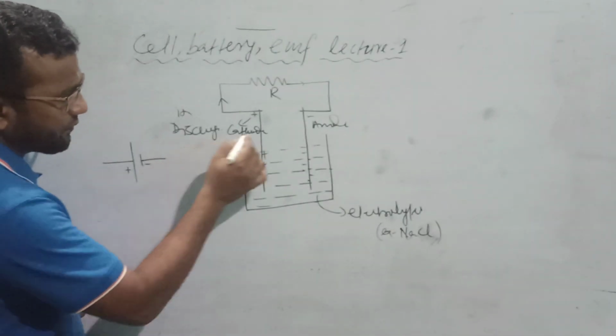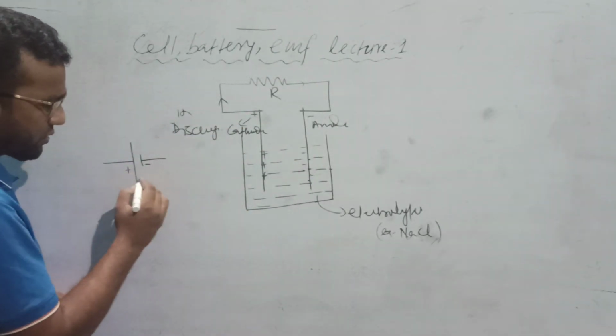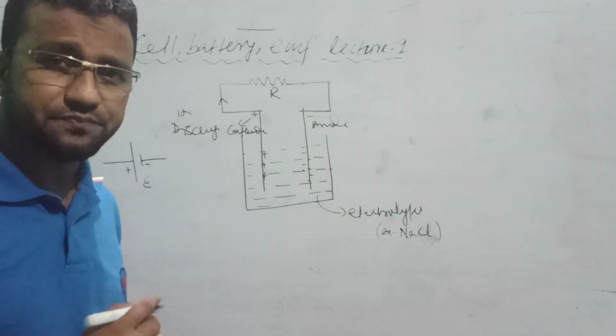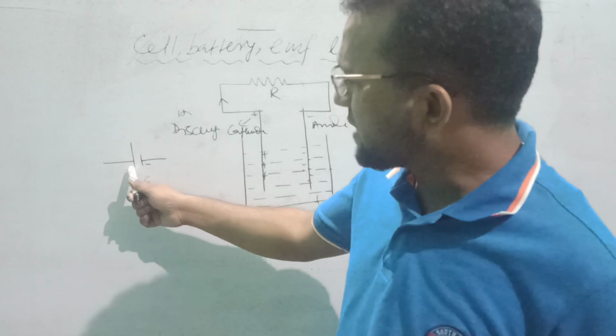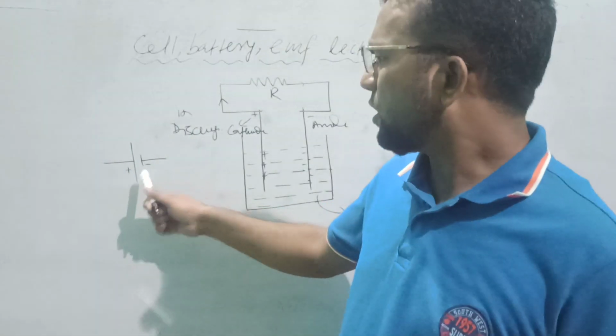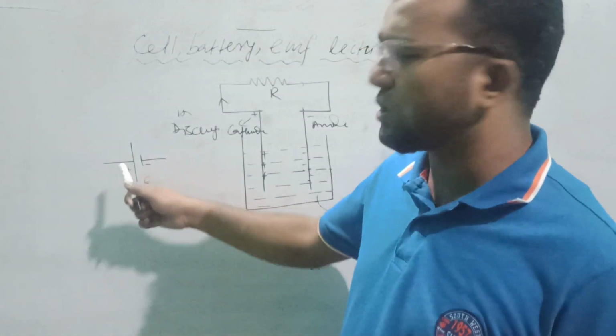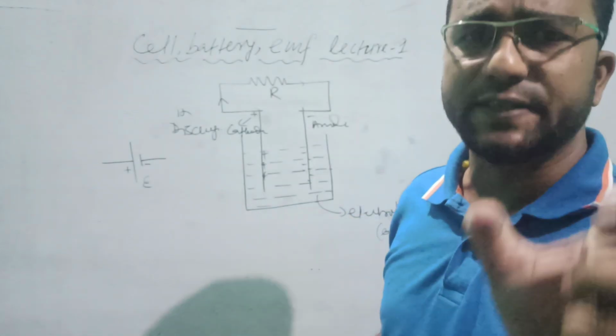Now the potential difference of these electrodes is known as EMF. What is EMF? EMF is the potential difference between the two electrodes or two terminals of this cell.